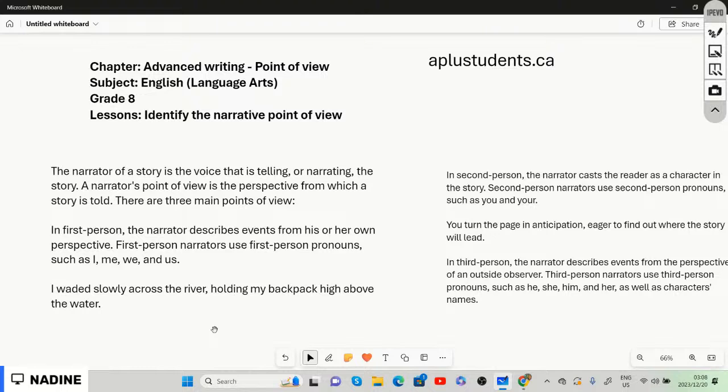It gives us the point of view of the whole story plus of each one of the characters. So the story is being told from the narrator's perspective, not just from the one or two or three characters that are basically playing or acting.